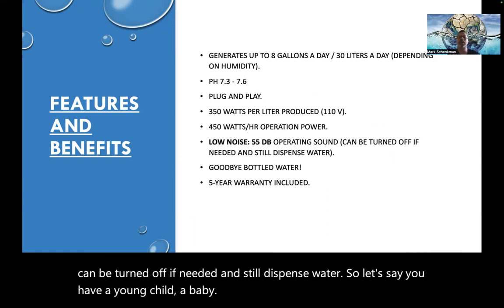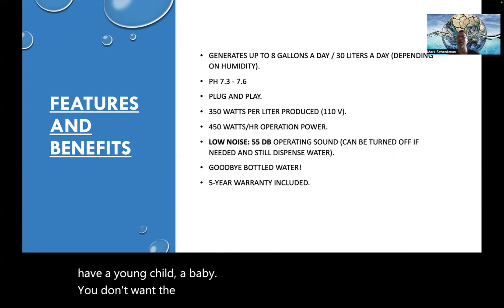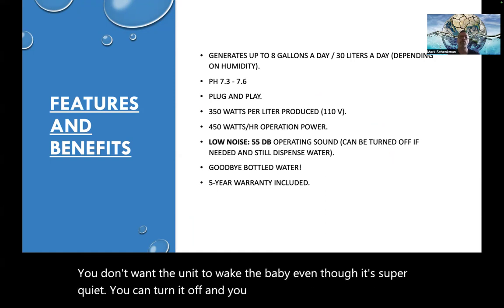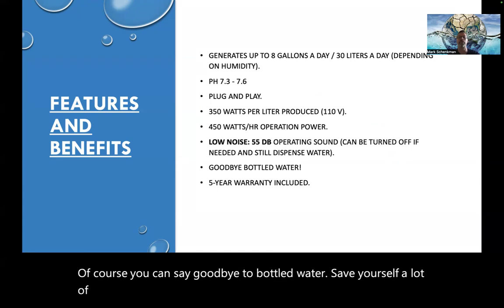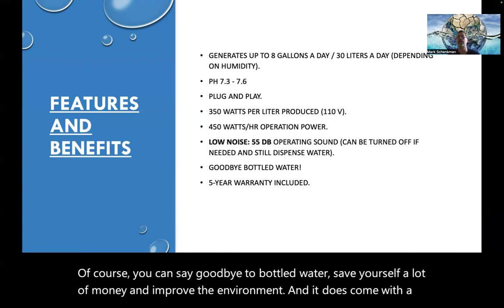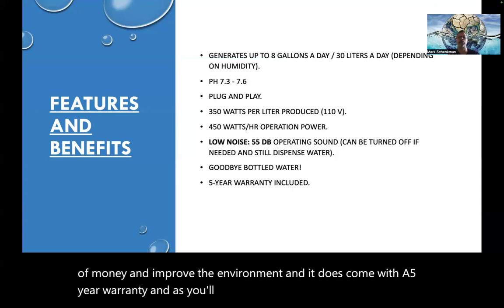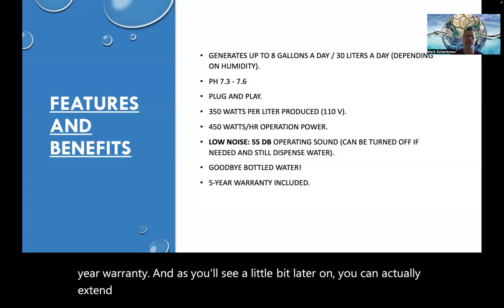You don't want the unit to wake the baby, even though it's super quiet. You can turn it off and you can still get water from the unit. Of course, you can say goodbye to bottled water, save yourself a lot of money and improve the environment. And it does come with a 5-year warranty. And as you'll see a little bit later on, you can actually extend this warranty beyond the 5 years as well.